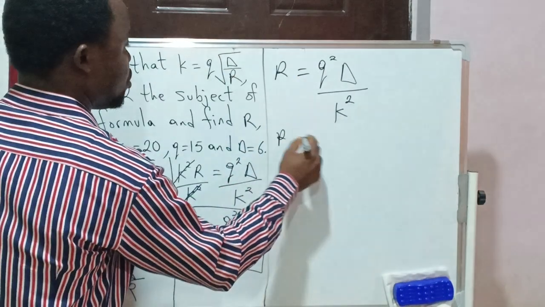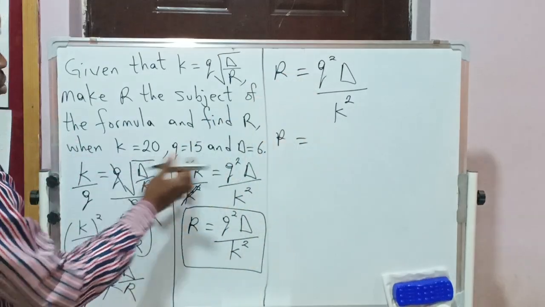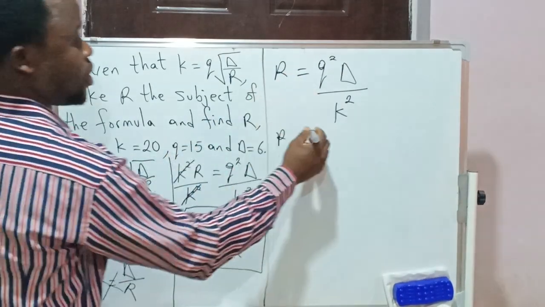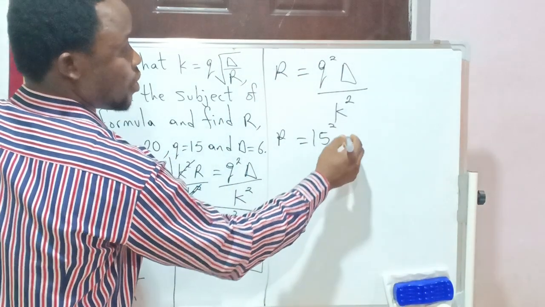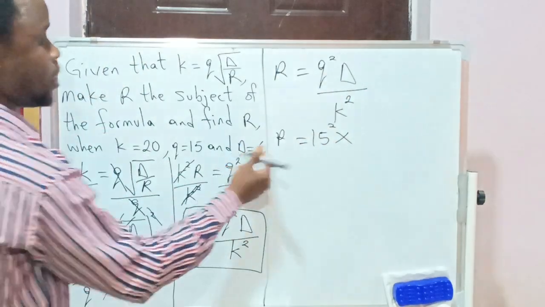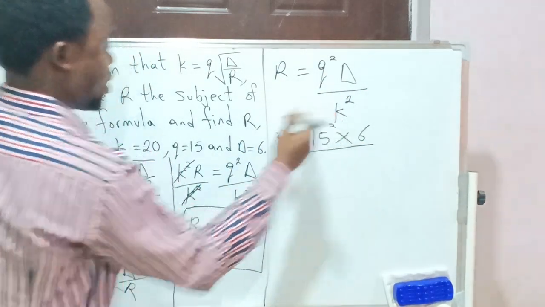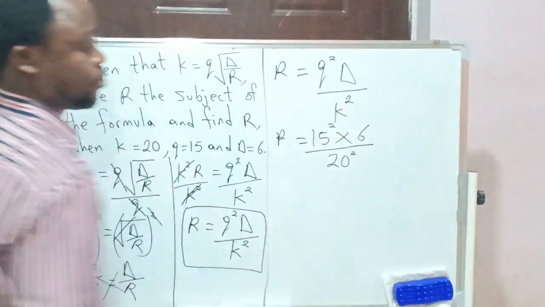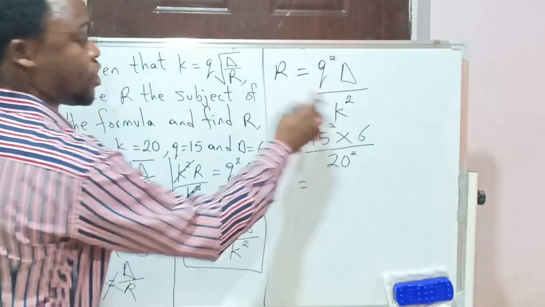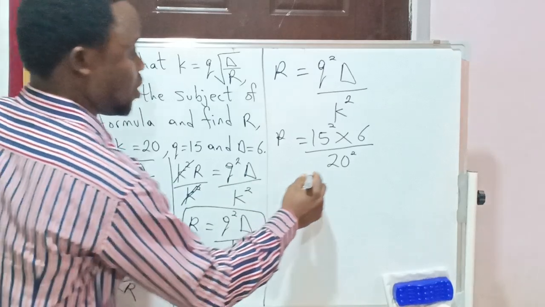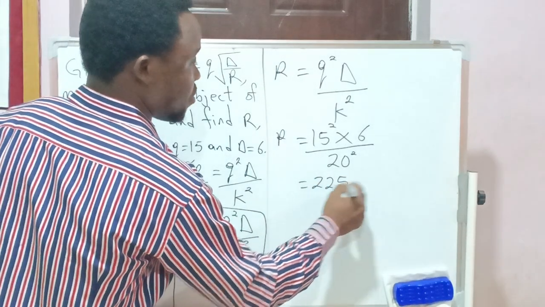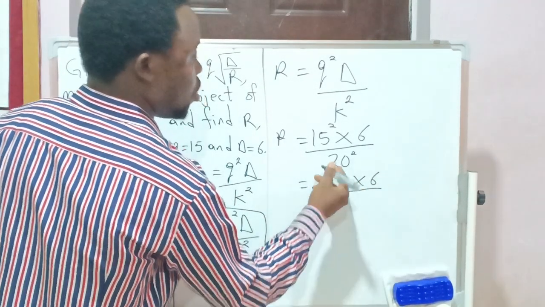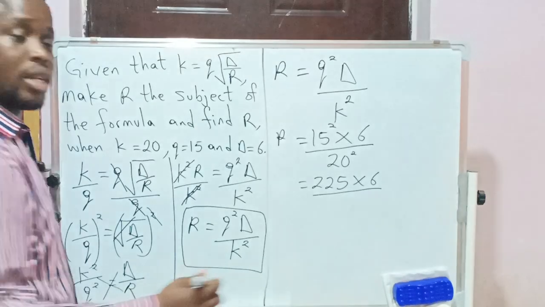So r is equal to, what is q? q is 15. 15 squared times, what is d? 6, all over k. What is k? 20 squared. So here we have 15 squared, 15 times 15, that is 225, times 6, all over 20 squared, 20 times 20.